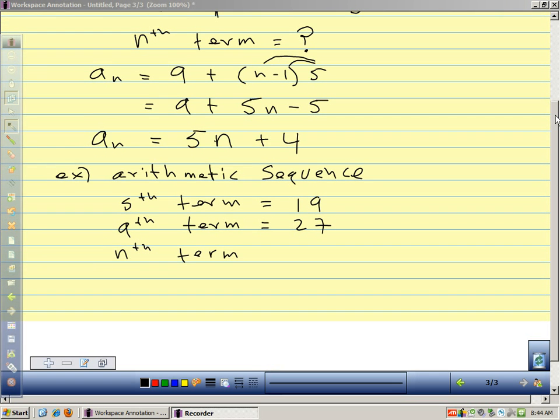Now this one's a little more complicated because I don't have my first term. I have my fifth term and I have my ninth term. So I can't just plug into my formula for a sub n. I have to do a little more work.